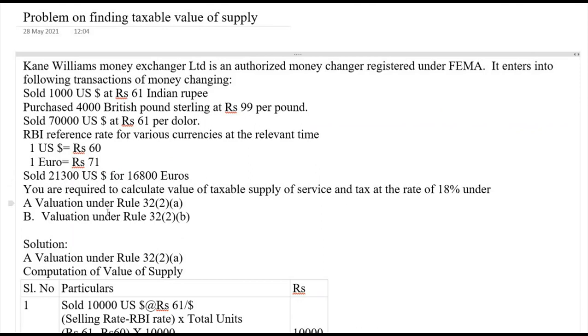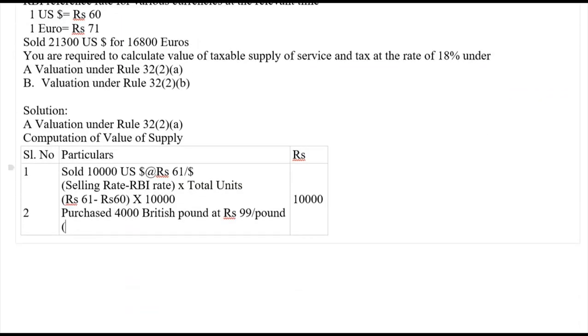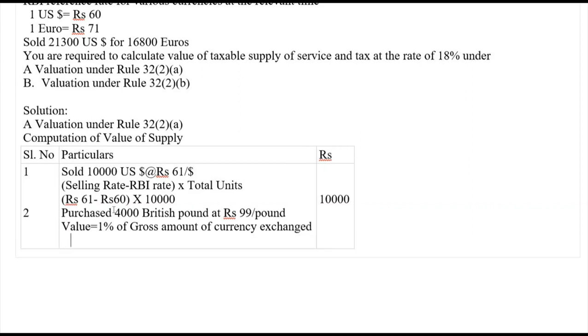So in that case the value will be 1% of gross amount of currency exchanged, because we have not been given the RBI reference rate, that's why we should take 1% here.